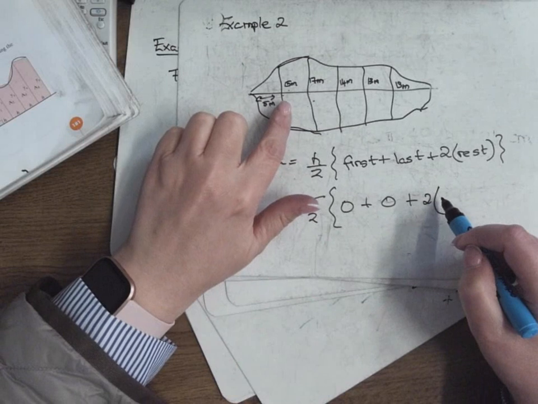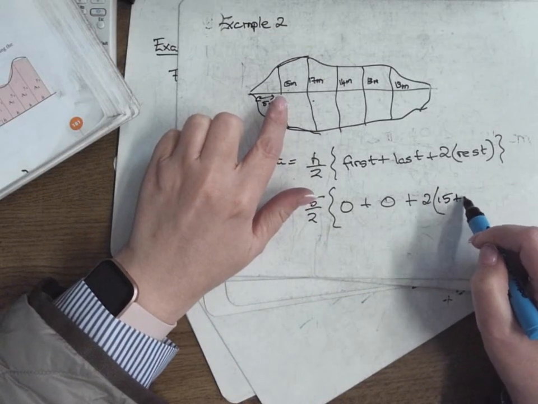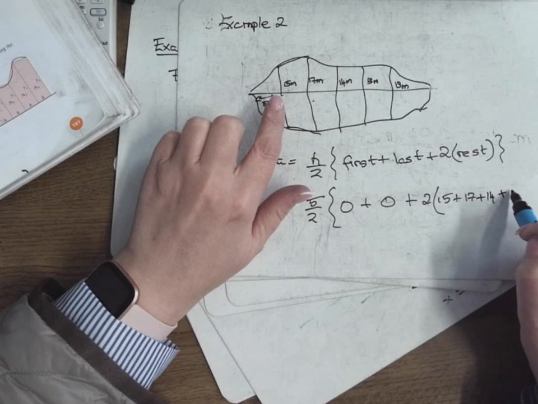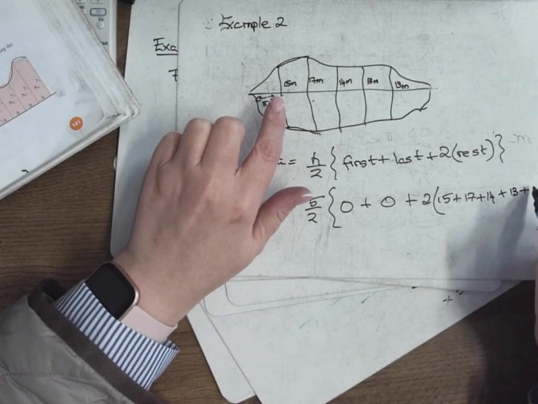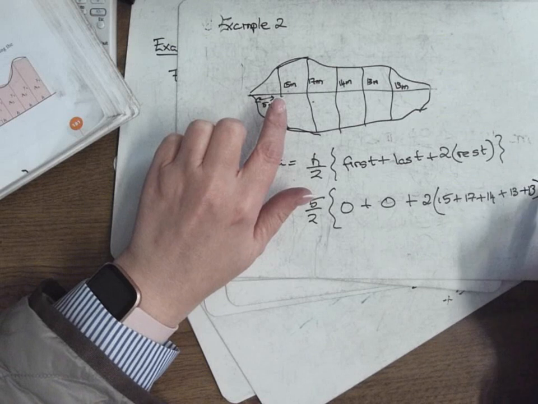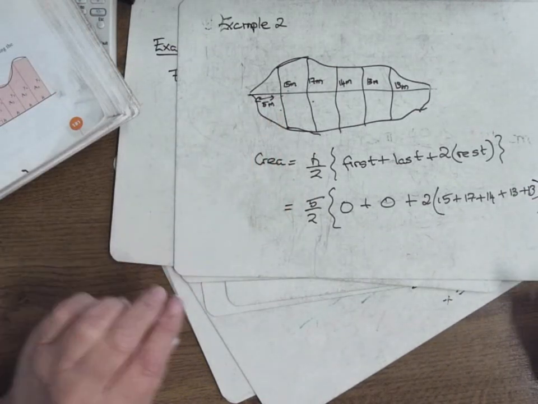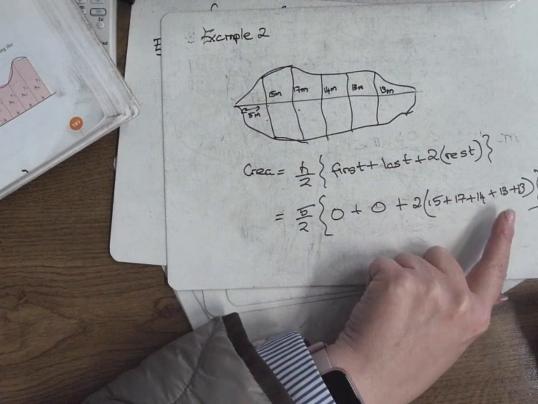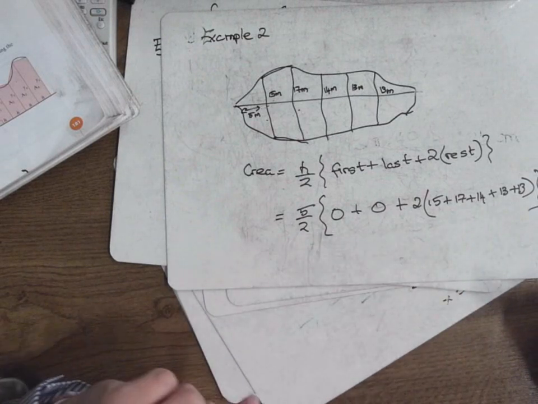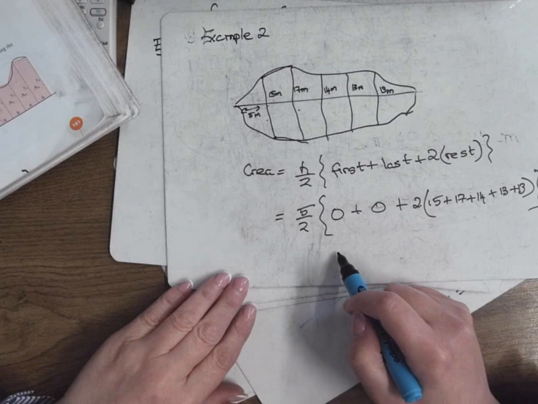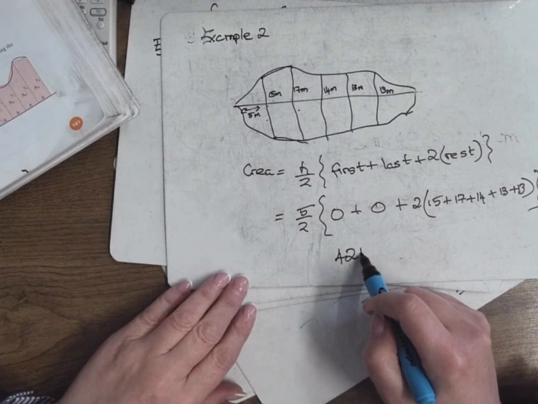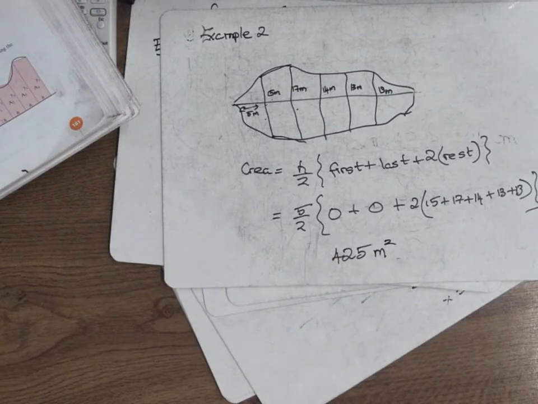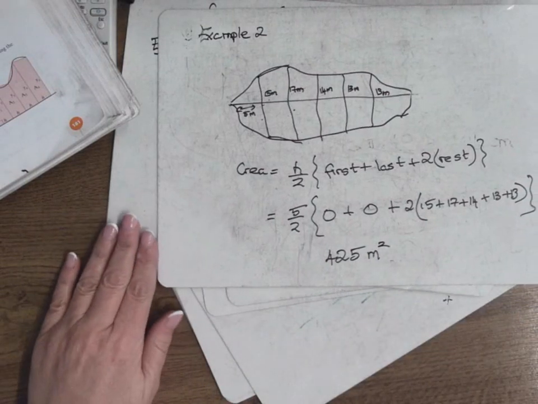So you add 15 plus 17 plus 14 plus 13 plus 13, and you double it and you multiply your answer by 5 over 2. 32, 46, 46 and 39 makes 85. 85 multiplied by 5 would be 425 meters squared. Is that okay? Are we good?